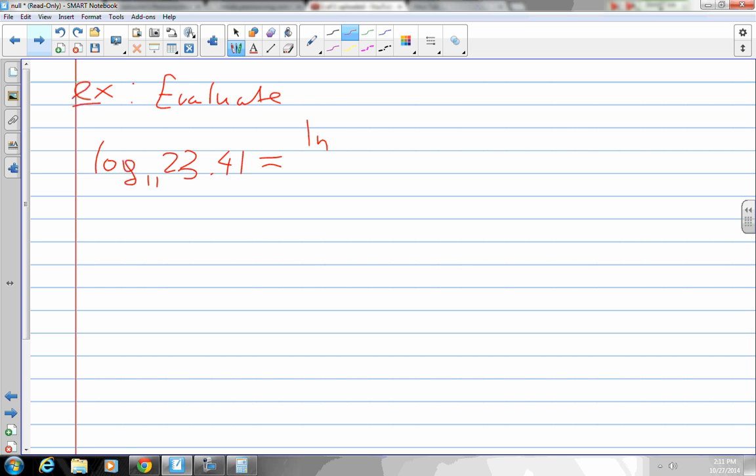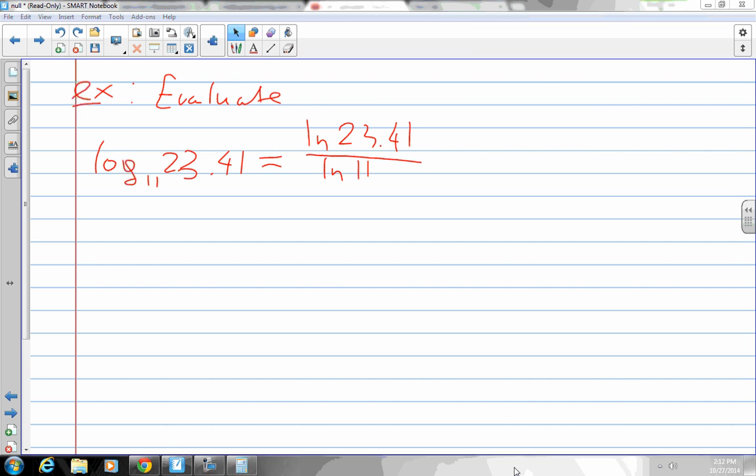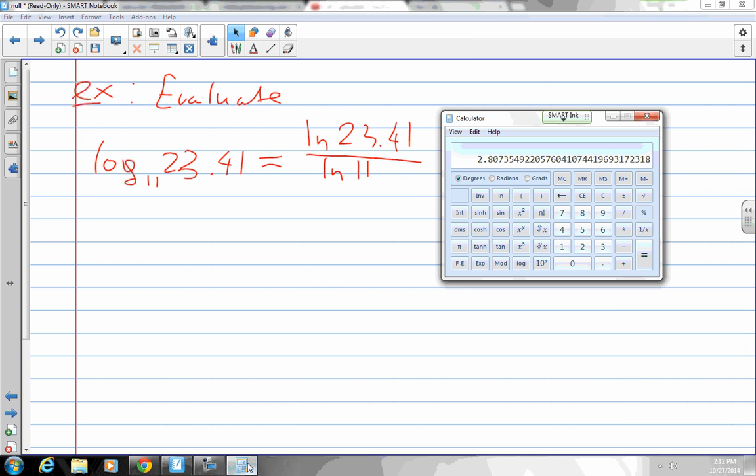I like natural log, going with natural log of 23.41 over natural log of 11. And I can plug this into my calculator and it will give me the answer. Okay, I only need that button really. So 23.41 natural log divided by 11 natural log equals whatever, 1.315.